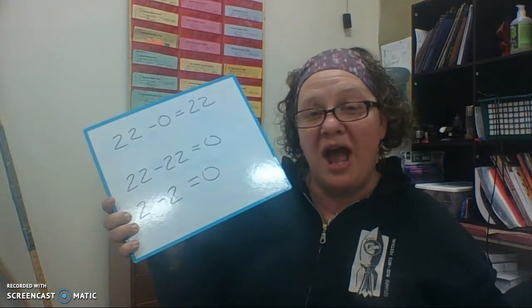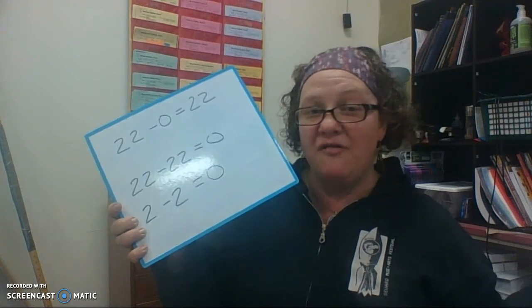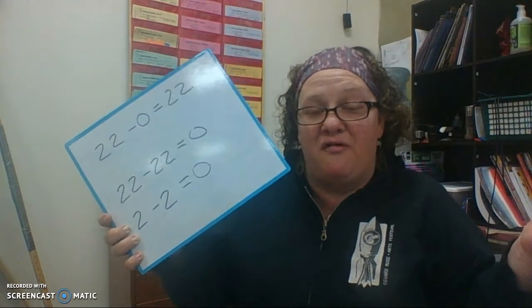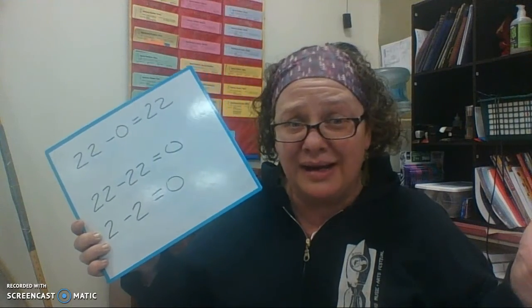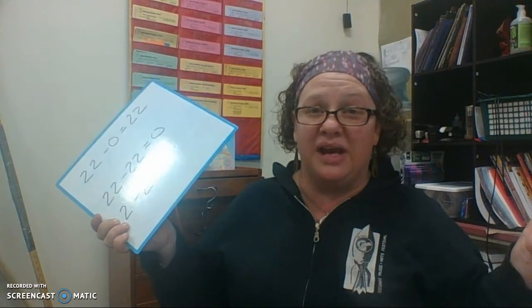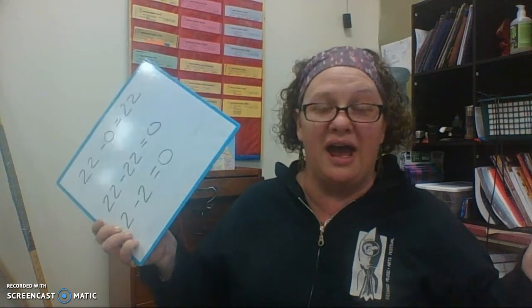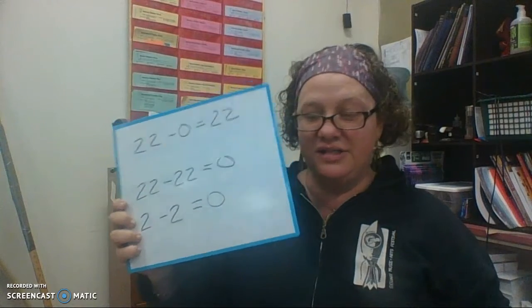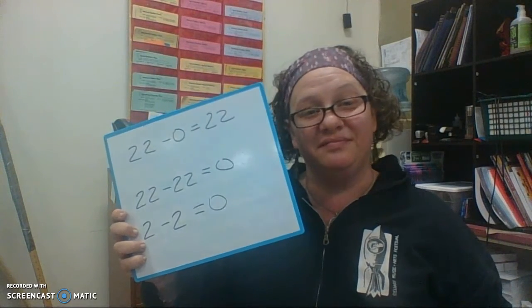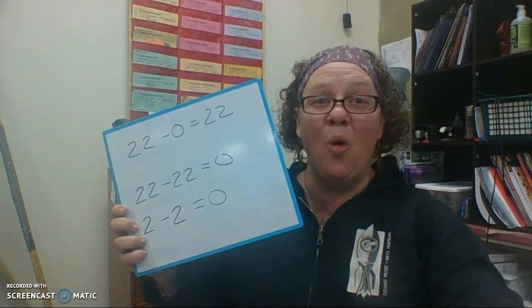If you have 4 apples and Walker ate all 4 apples, you would have 0 apples. If you had 17 bananas and Sawyer ate 17 bananas, you would have 0 bananas. Makes sense, huh? All right, so those are your rules for addition and subtraction.